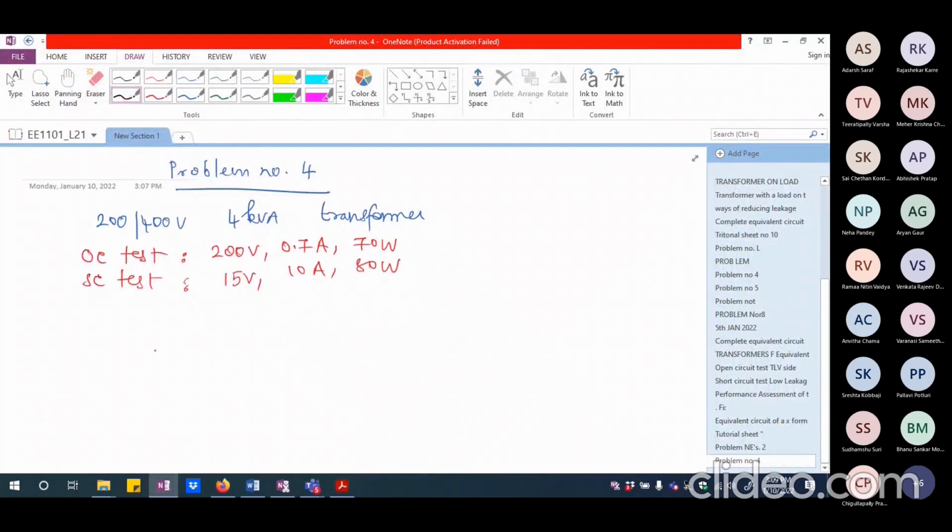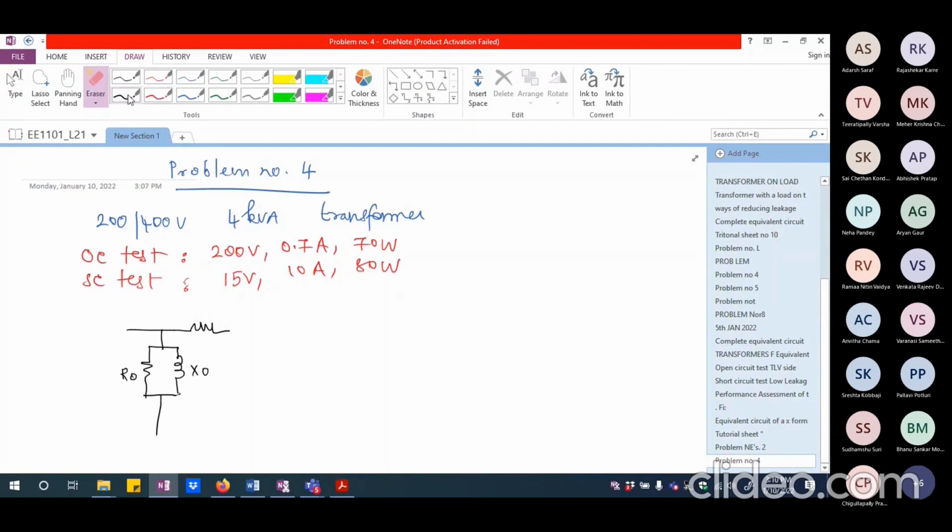Now what we are being asked is to calculate RC, which is specified as R0 here, XM, which is specified as X0 here, and the series parameters, whatever was there in the primary, they have taken everything beyond this parallel parameter. So this is going to be R1 plus R2 dash, which they have called as RT.